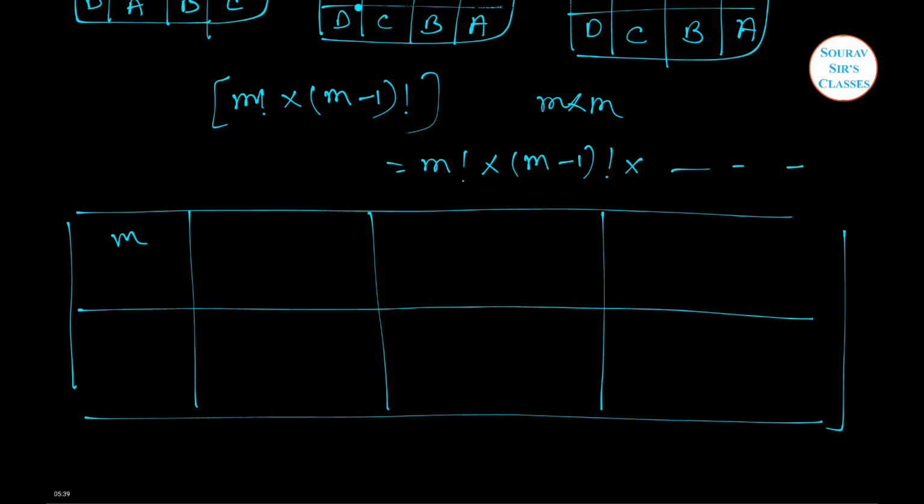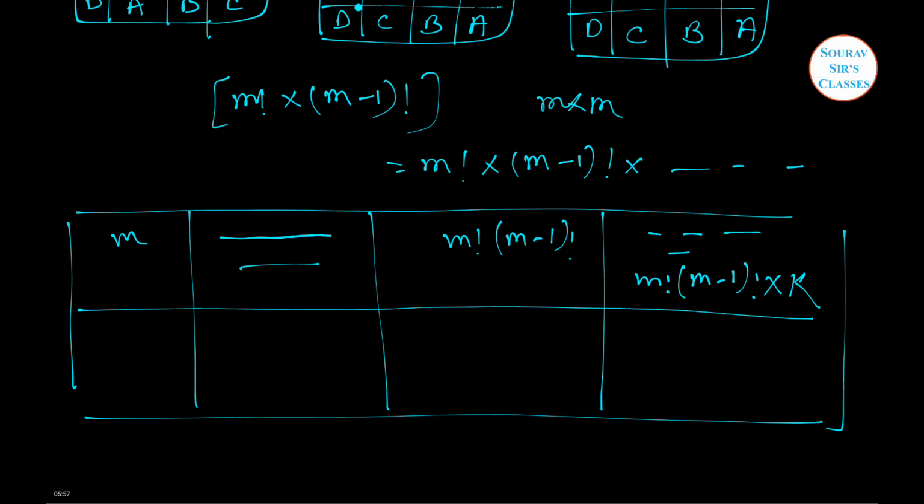Here it is m, here the number of standard squares, here m factorial (m minus 1) factorial, and here the total number of Latin squares, that is m factorial (m minus 1) factorial into k. Here write 3, 4, 5, 6, and here 1, 4, 56 and 9408.